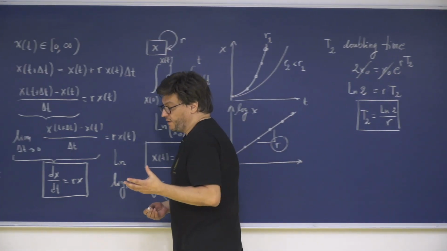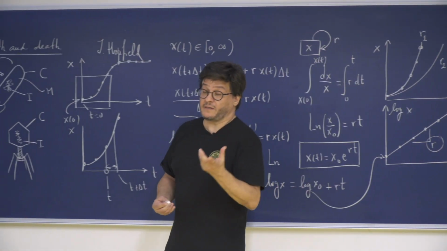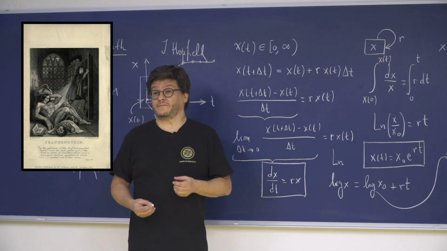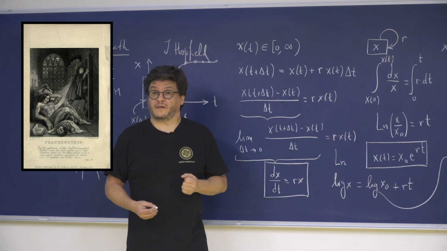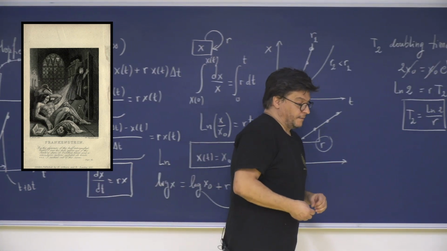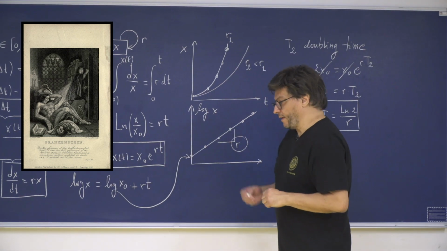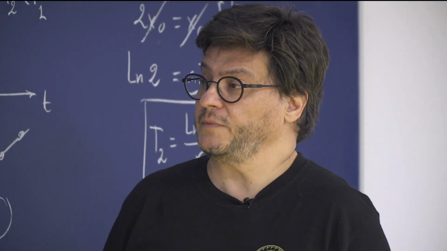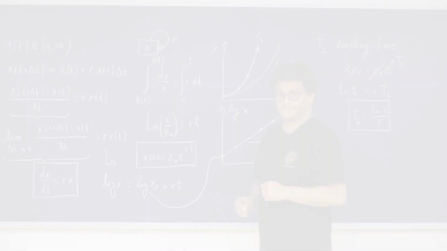Remember what Mary Shelley said. Mary Shelley wrote Frankenstein in 1818 when she was 18 years old. And at some point in the book, Victor Frankenstein says, in order to understand life, we first need to understand death. So let's go now for the death part of the story.